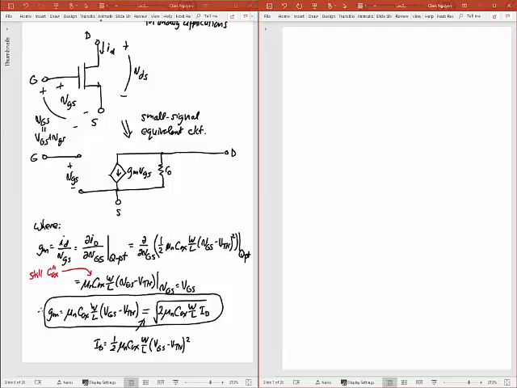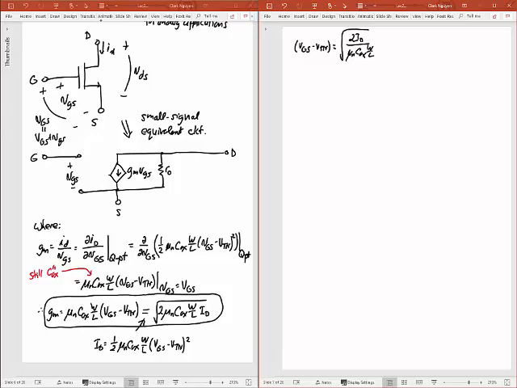From this ID equation, I can back calculate VGS minus VTN. And if I do that, I end up with VGS minus VTN equal to the square root of 2 times ID divided by mu n Cox times W over L.